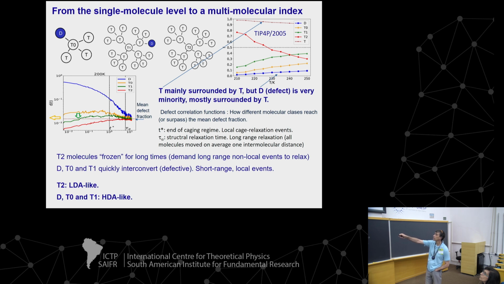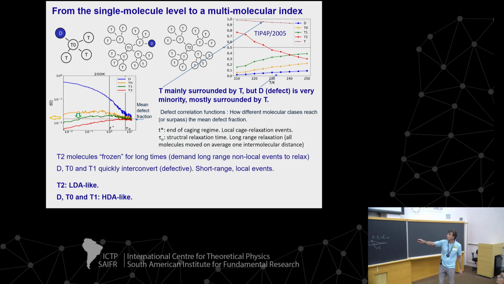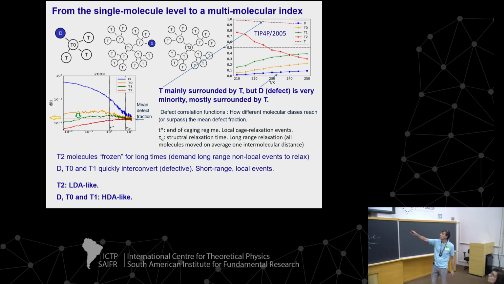They become defects very quickly, much before T star, and only these ones go to the mean defect fraction at much larger time scales. So you see the system is behaving in a sense that all these are basically frozen on the time scale we are studying, and these ones interconvert between them and the defect molecules.